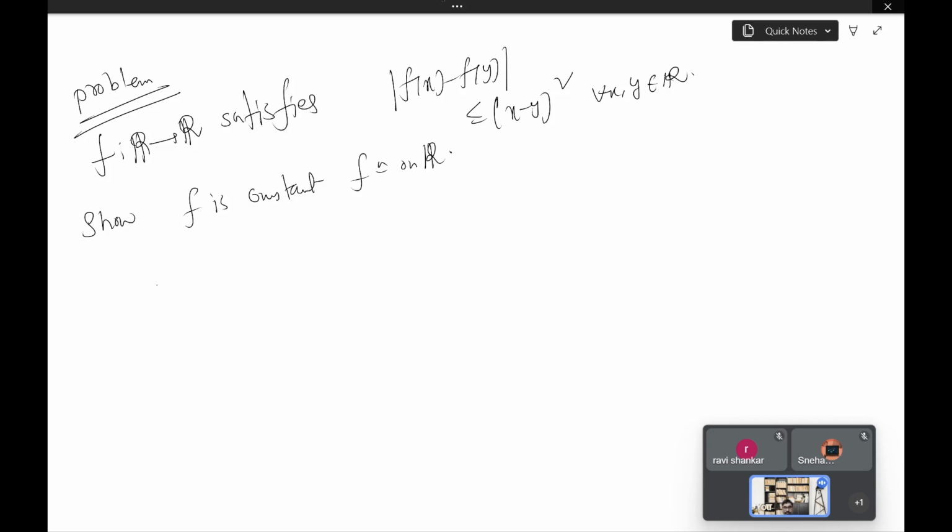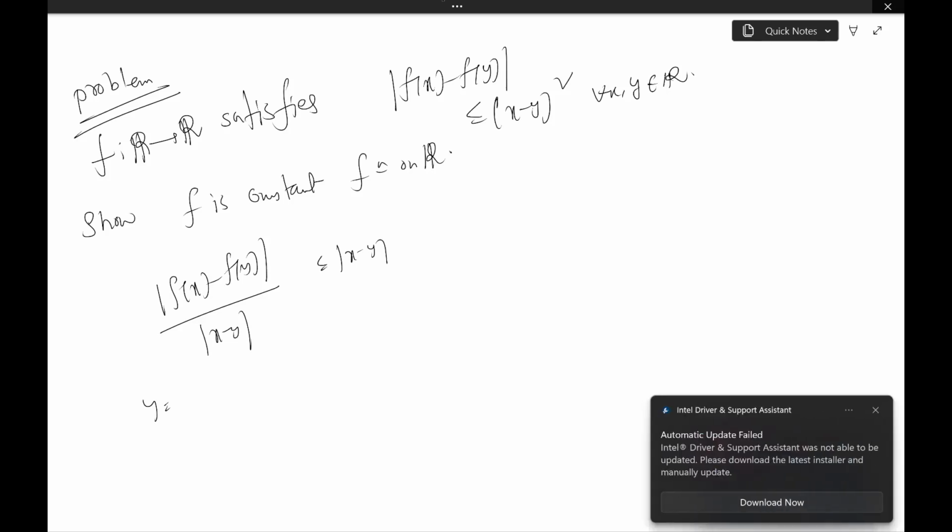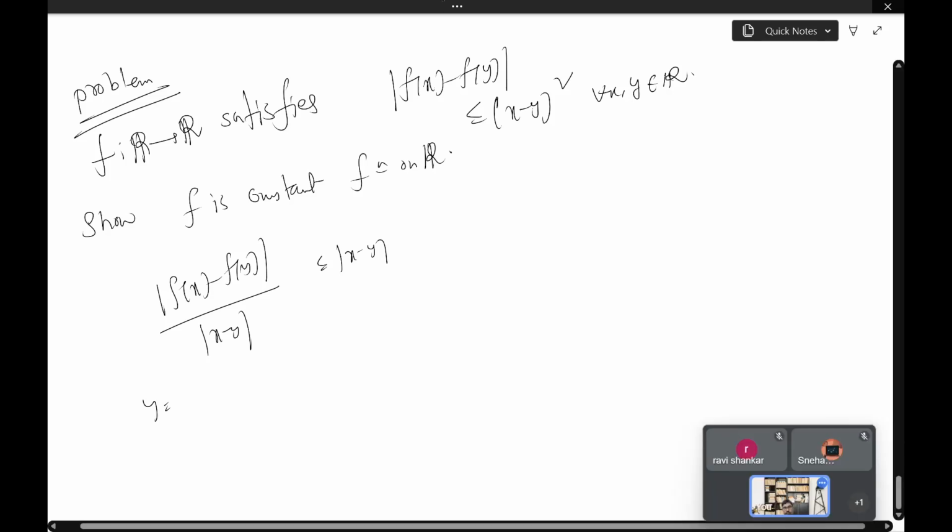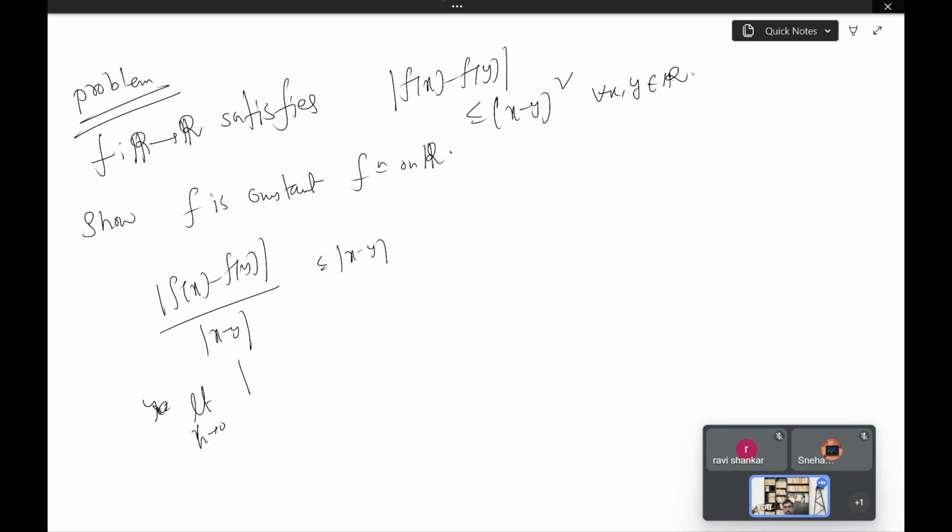So basically, mod f x minus f y is less than or equal to mod x minus y whole square. So put y equal to x. This implies limit h tends to 0, mod of f of x plus h minus f of x, divided by mod h, is equal to mod h.